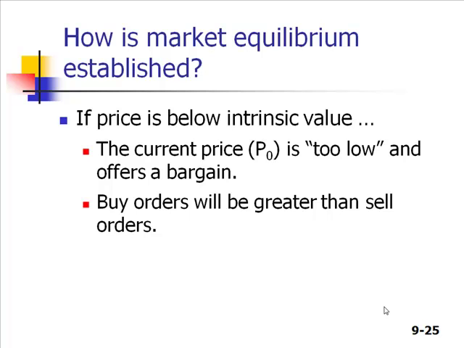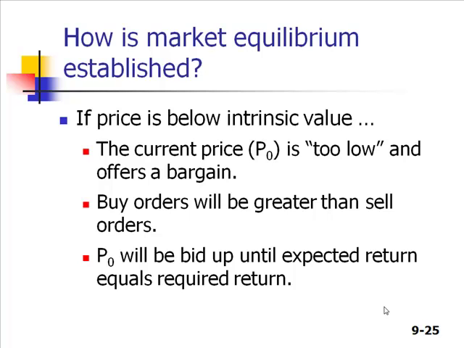Now, what's going to happen in a situation like that when you have a whole lot of eager buyers? Well, have you ever been at an auction or seen an auction when there's a lot of people bidding, a lot of people wanting to buy something? What happens to the price? The price is going to come up as a result of that until the expected return equals the required return again. That is one way to think of it.